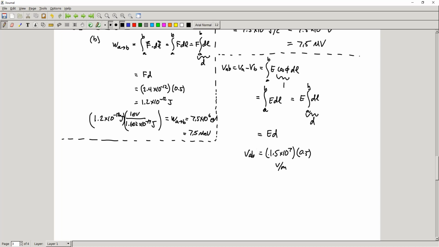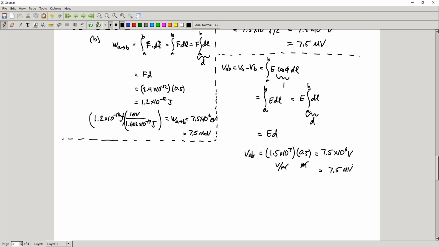This is our electric field, written in volts per meter, which is the new way we think about it. And this is our meters, and so our answer is going to come out in terms of volts. These meters are going to cancel, and the answer is going to be 7.5 times 10 to the 6 volts, the same as we found above, 7.5 megavolts. Okay, so that would be the answer to that example.